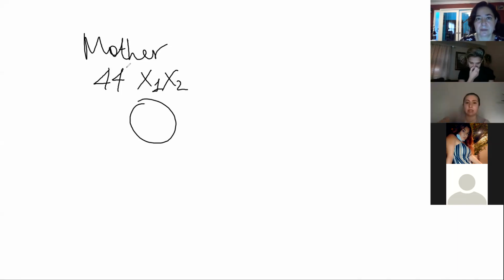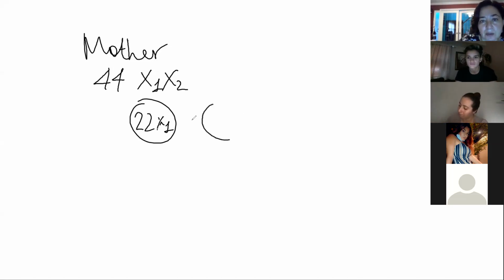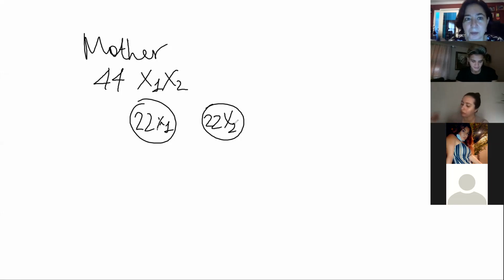Is it 26? It's going to be 22, and one of the X's, so the total will be 23, right? So half. It can be either 22 and X1 or 22 and X2, right? She doesn't know which one will go.